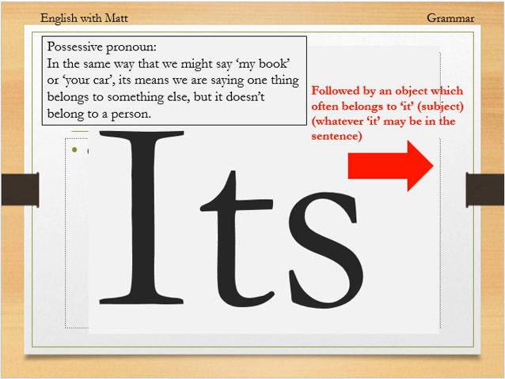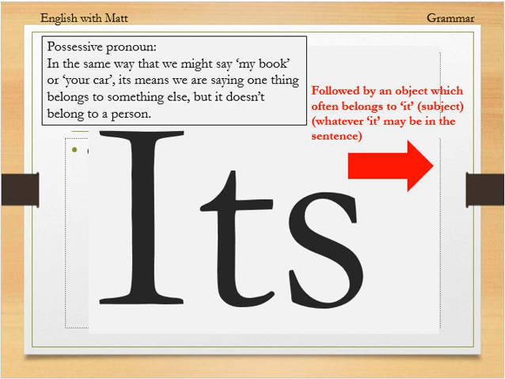So when we talk about people, we might say my book, or your car, or her car, or his pen, because we have a gender, because we have a person. But when we don't have a person, and when we just have an object that doesn't have a gender, it means that we tend to use its instead without the apostrophe. So it's still to do with belonging to something, but that something tends to not be a person.